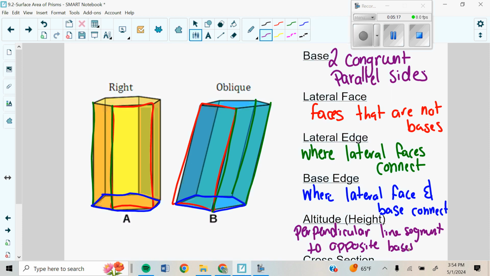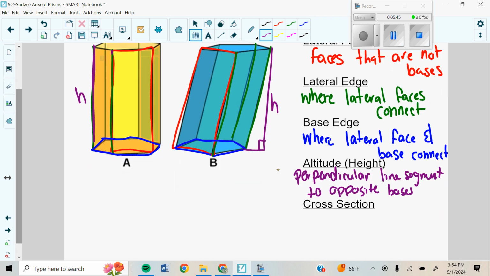So in something that's just a right shape, the altitude is going to be any of these lateral faces. This is our H, this is our height. But in an oblique one, when it's leaning, the lateral edge is not perpendicular to our bases. So our altitude is actually on the outside to make it perpendicular, or our height is on the outside to make it perpendicular.